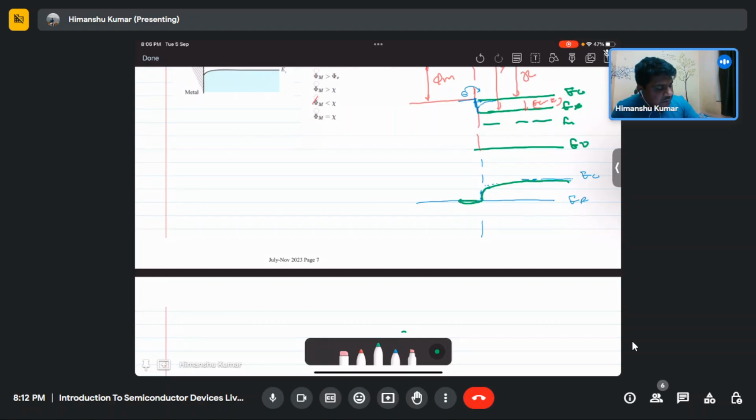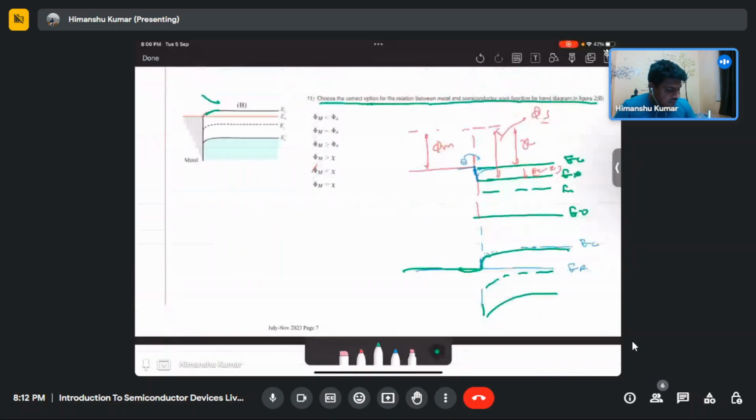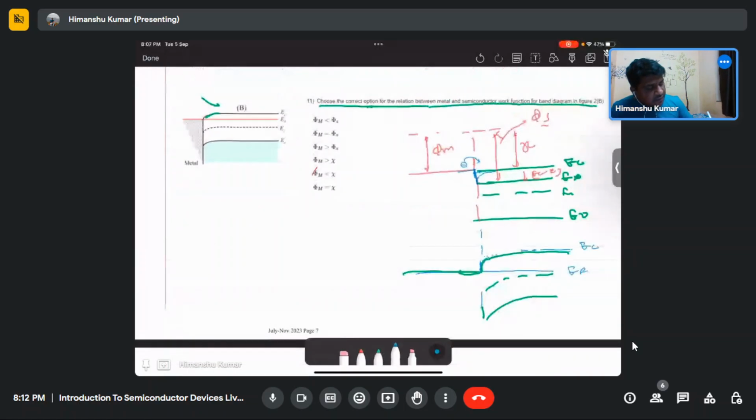This is EC, and similarly we can write Ei and EV. So this is possible only when phi m is less than phi s, or if we assume EC minus EF is quite small, then we can assume phi m is less than chi.